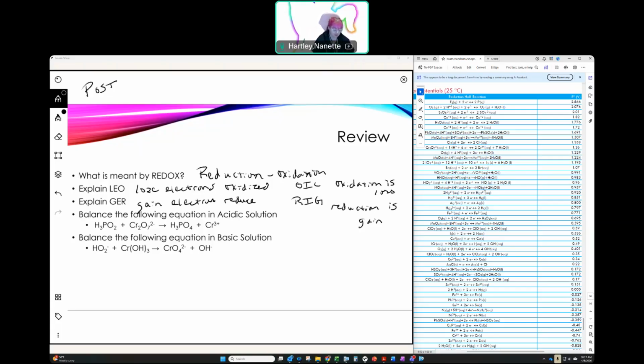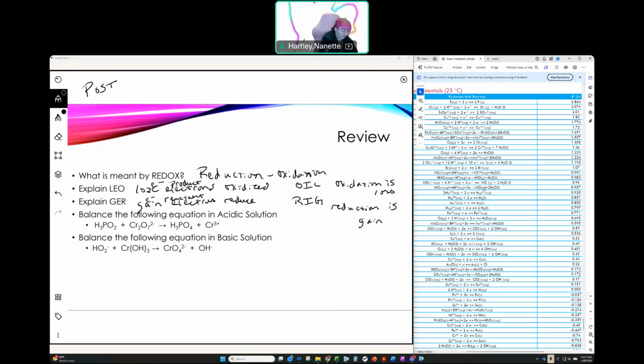That is an oxidation. So here, my oxidation, e minus, is a product. In my reduction, I need to gain electrons to reduce. So that means that my electrons must be a reactant. Okay, so technically speaking, this all happens simultaneously, but those electrons have to come from somewhere to go somewhere. So that's how that works.